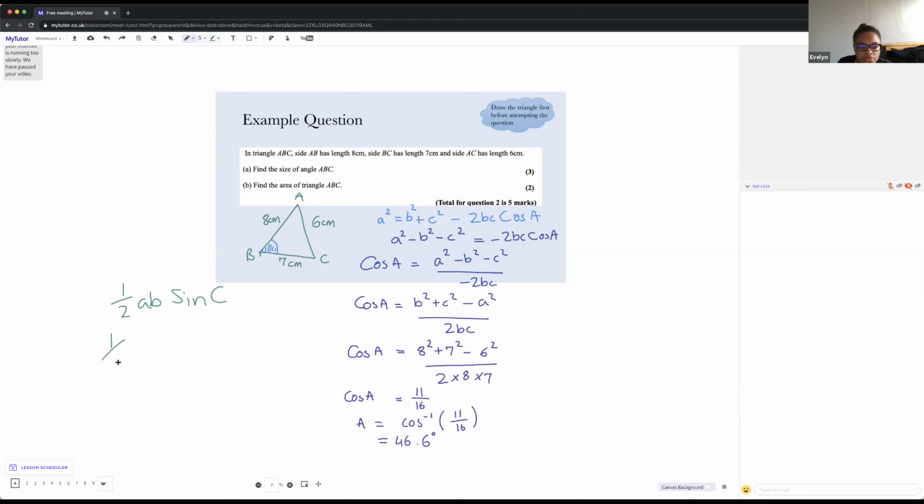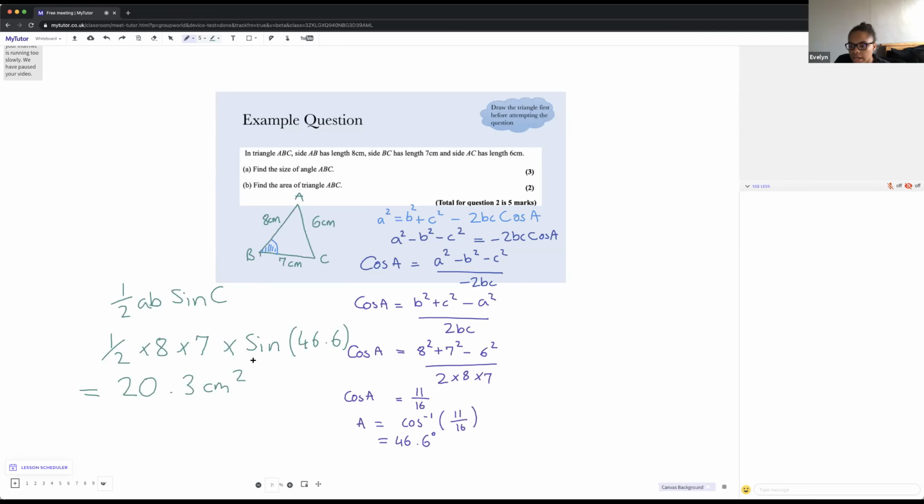So we've got half multiplied by our 8, multiplied by our 7, multiplied by sine of 46.6. And then do that calculation on your calculator, and you should get 20.33. Or if you want to leave it to 3 significant figures, you can say 20.3 and it's centimeters squared.